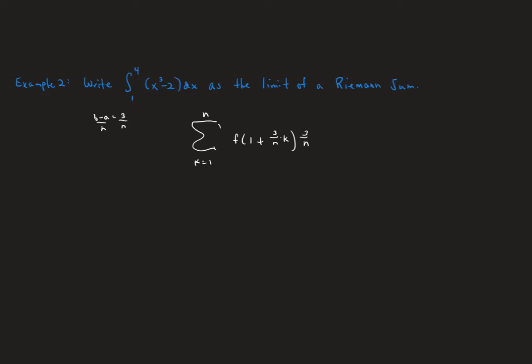There's our base times height of our rectangles that are all being added up. So we'll take the limit as n goes to infinity there.